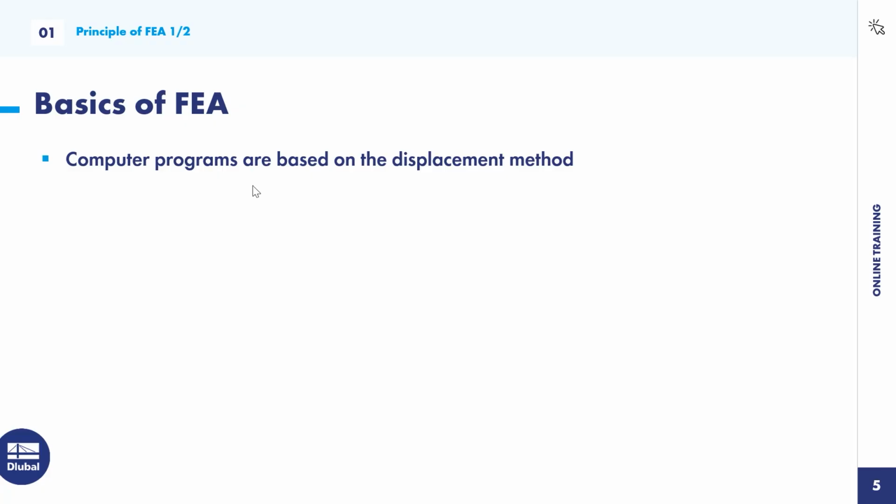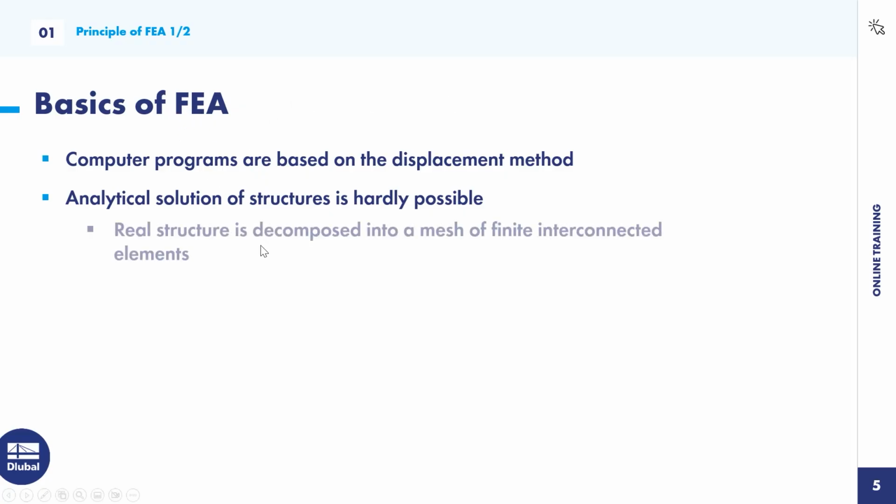In general, the finite element analysis is used when an analytical solution of the structure is hardly possible. And that means we can't just create a function for, let's say, an 8-story building, which gives us the exact solution for every force we have there. Instead, we will take the help of the finite elements. And that's what we do with the finite element analysis.